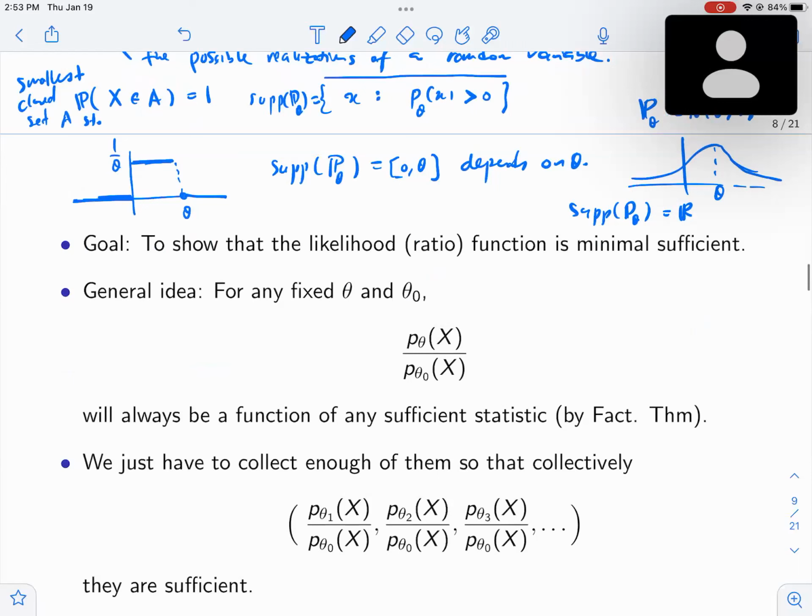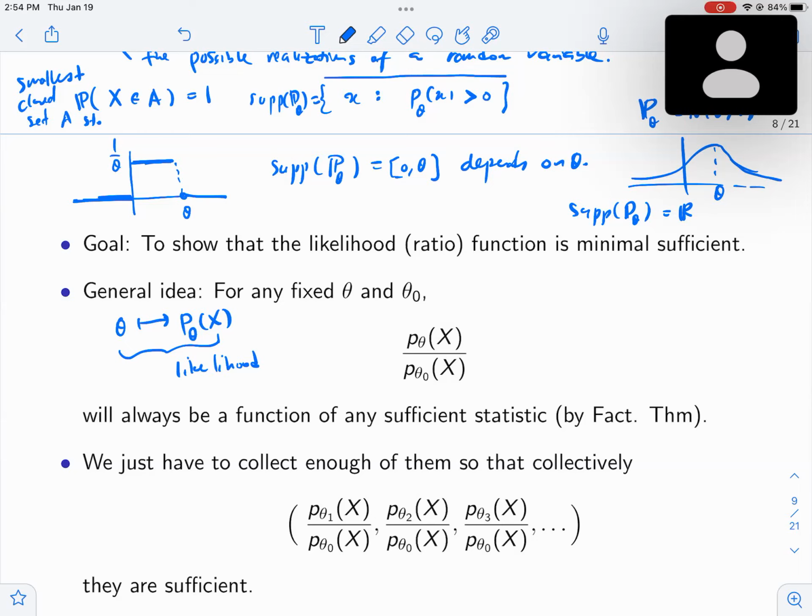If you remember this p theta of x, if I evaluate at x, looking at it as a function of theta, this thing is the likelihood function. These are the densities. I fix x and look at this as a function of theta. This is the likelihood. The shape of this, up to a factor, is minimal sufficient.